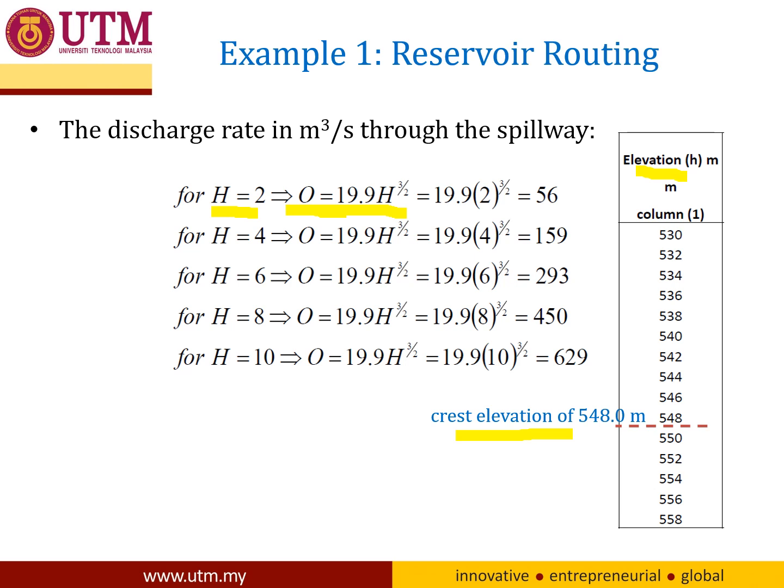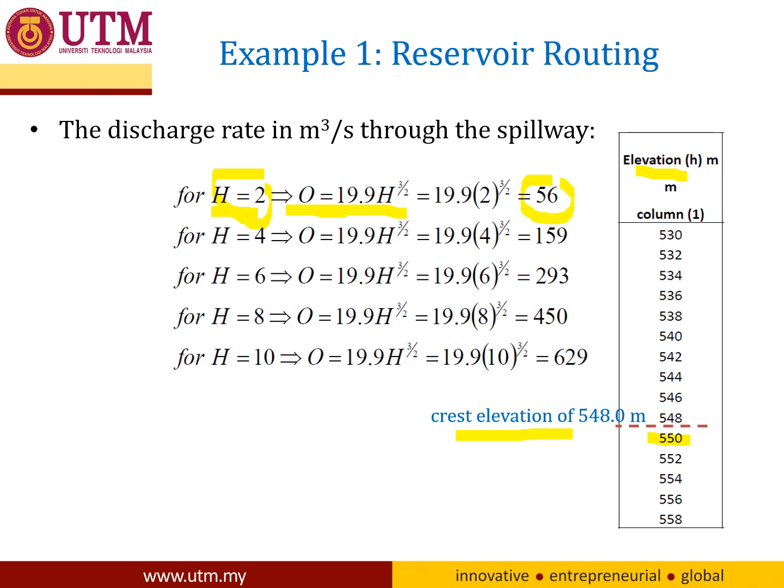So for example, if the elevation of water is 550, it's higher than the crest elevation. If you subtract these two, 550 minus 548, you will get 2 meter. Okay, so 2 meter is the head, and then you can get the outflow. Okay, so the outflow is 56 using this formula.